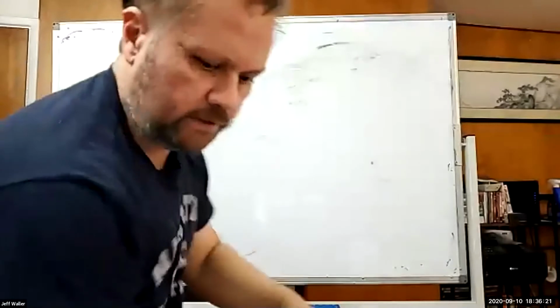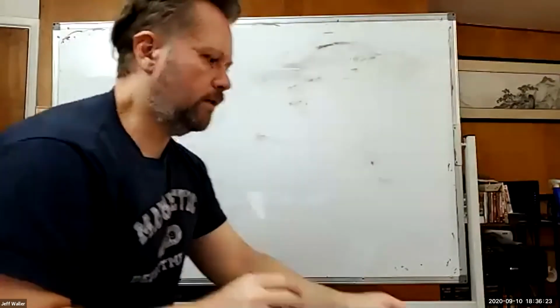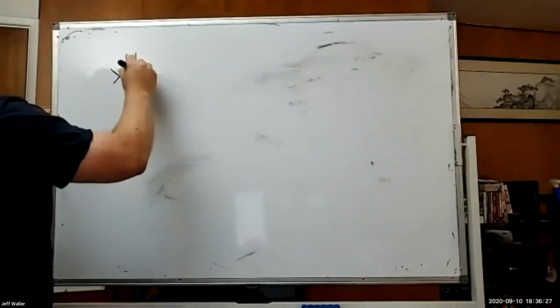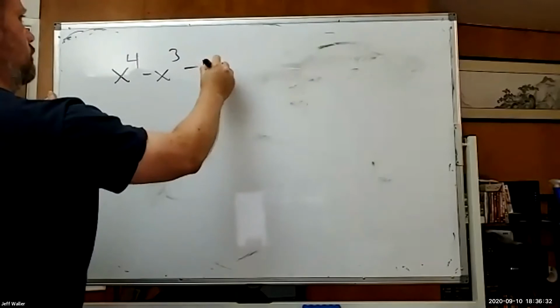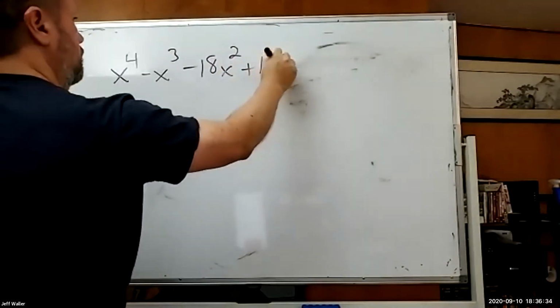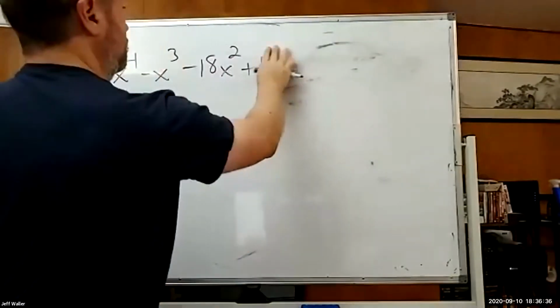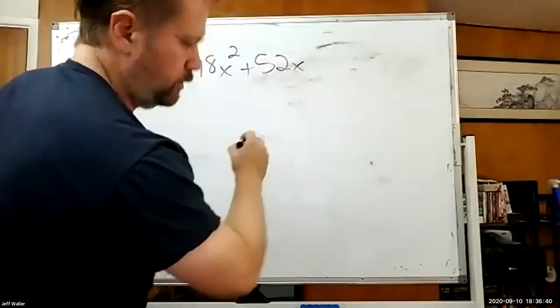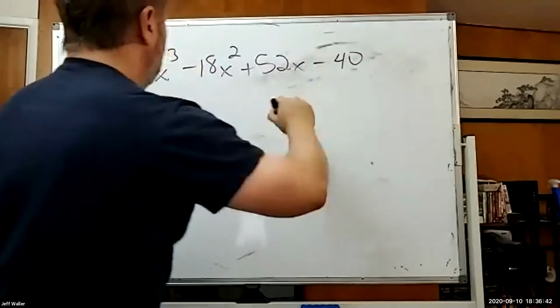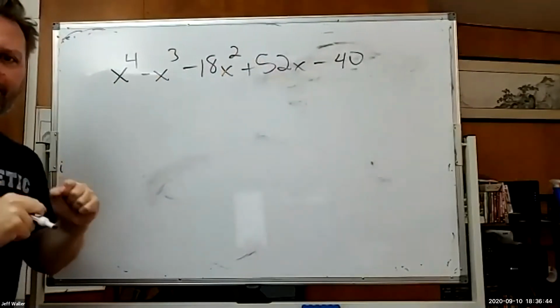So now watch this. I want to show you one of the most immediately useful things about this. I multiplied some stuff out earlier, and I got there. So this is factorable.